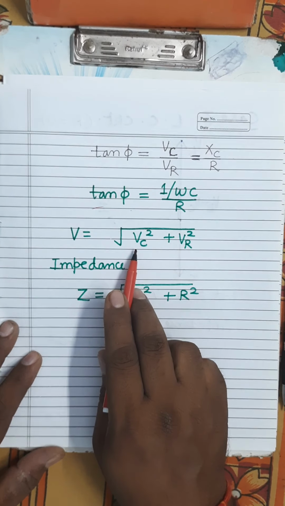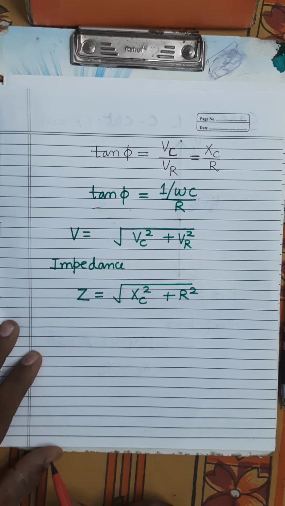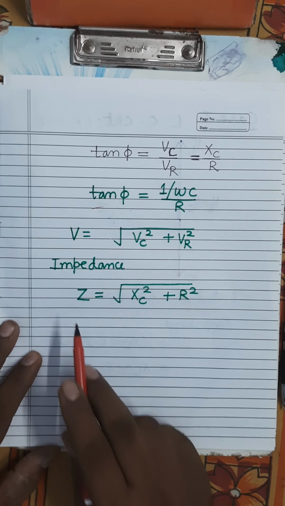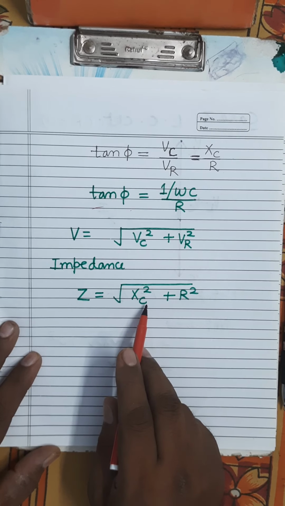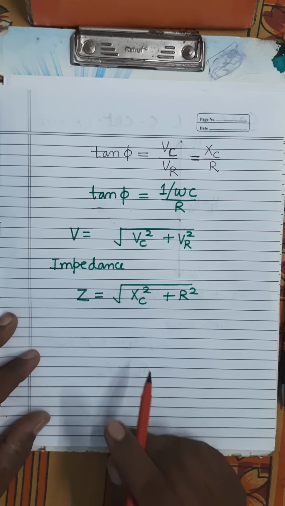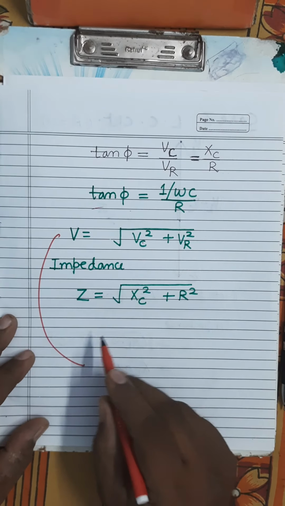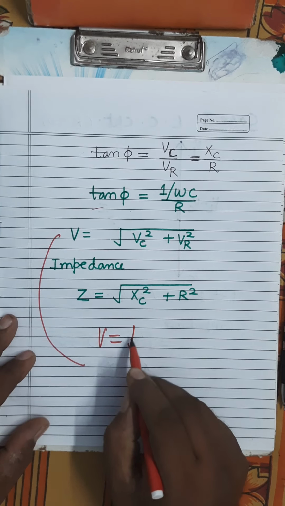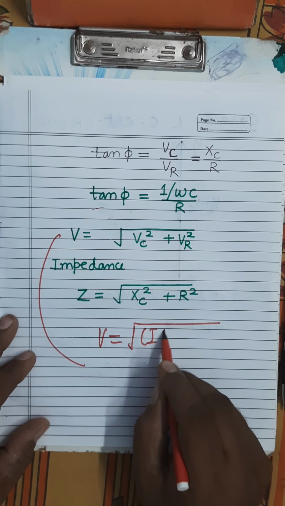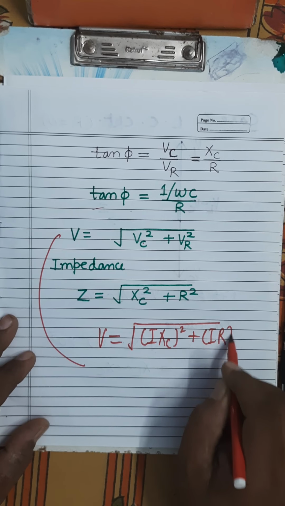Or V equals, within square root, VC squared plus VR squared. What will be the impedance? Impedance will be given by this formula. Here you will remove the XL. When you substitute the values, you will find that it will be I XC squared plus I into R squared.